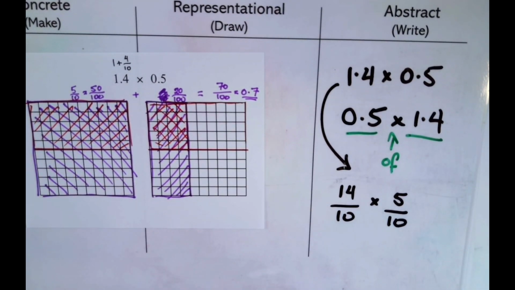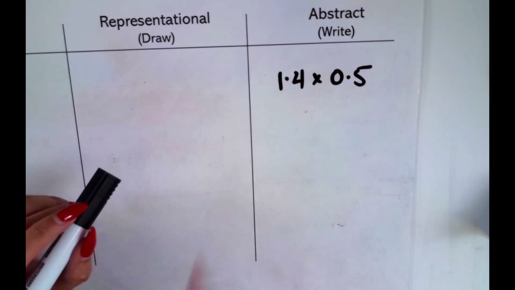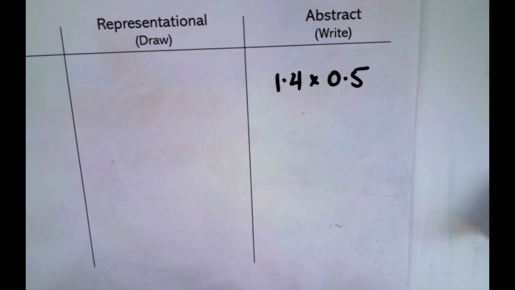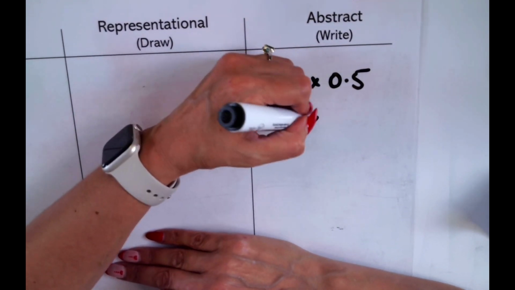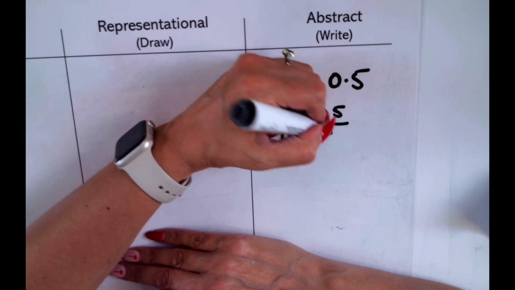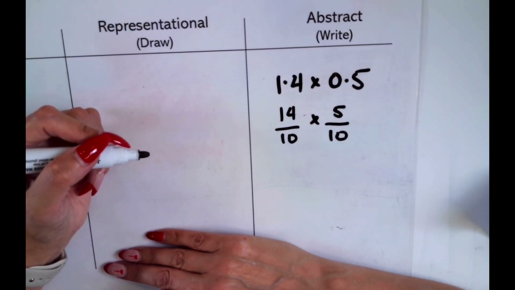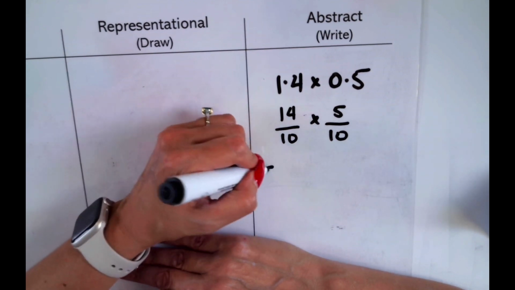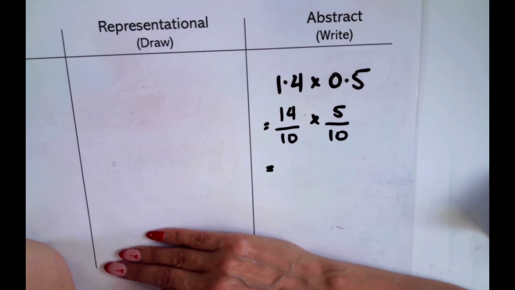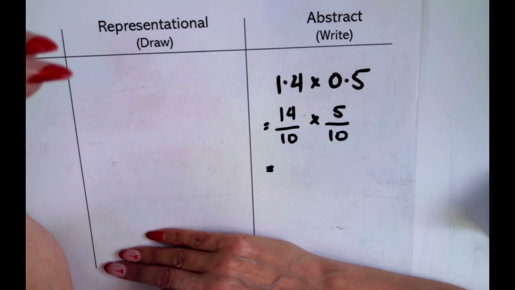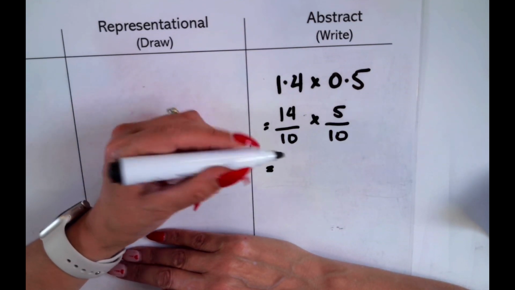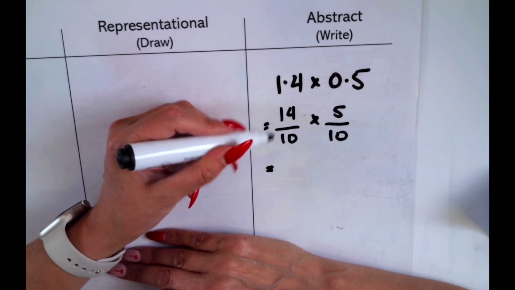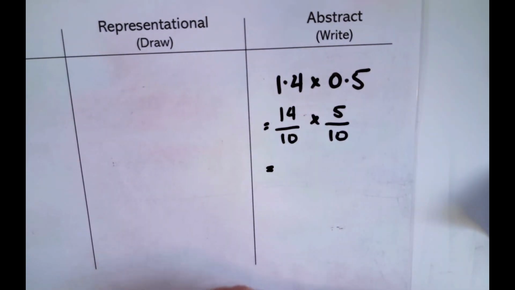So I'm going to rub this board off. All right. So if we've got 1.4 and we want to multiply it by 0.5, I want you to change this into its decimal fraction, because that's what that actually tells us. Then I want you to perform the same method that you would use to multiply fractions, and simply just multiply the numerators and the denominators together, because by the time students get to this stage of multiplying decimals, they should be familiar with fractional multiplication.